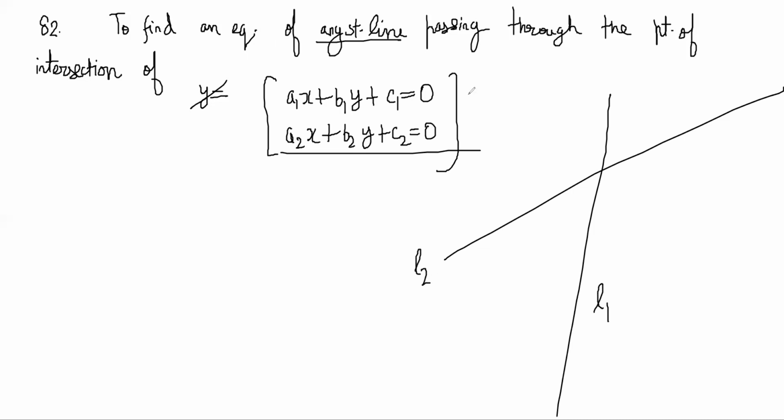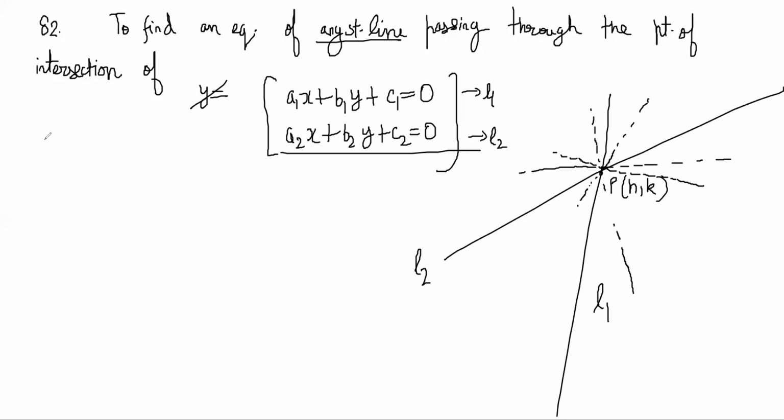This point is P, h comma k something, right? How many lines can be drawn passing through P? Infinite lines are possible, no? Any possible line is there.